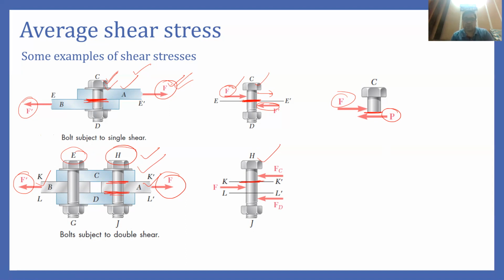In the earlier case, only one plane is subjected to shear. So therefore, that will be known as a bolt subjected to single shear force or single shear plane. And in this case, the bolt is subjected to the shear force at two locations. So therefore, the bolt will be termed as a bolt subjected to double shear.